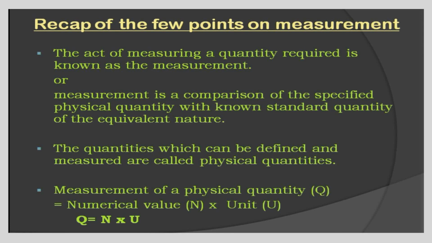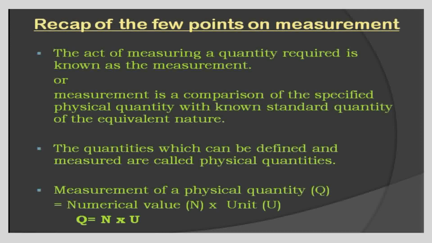So you can measure a physical quantity as equal to a numerical value n into unit u. Therefore, the measurement of a physical quantity, that is Q, equals n into u.